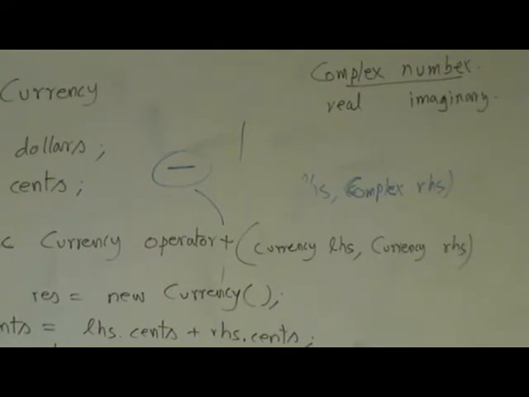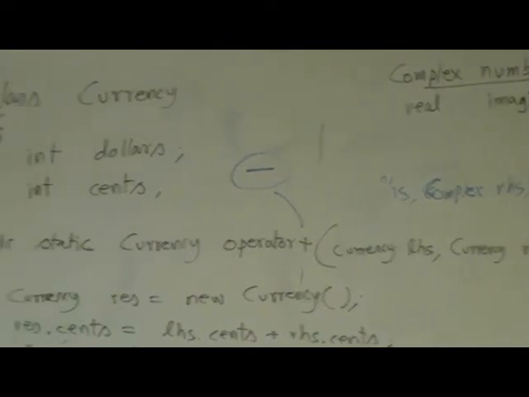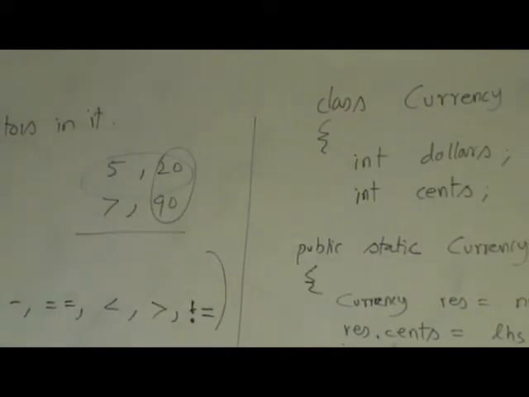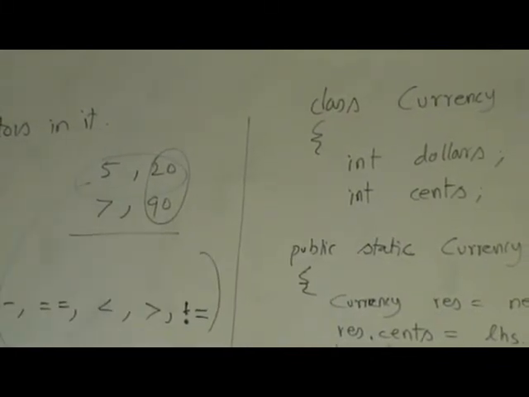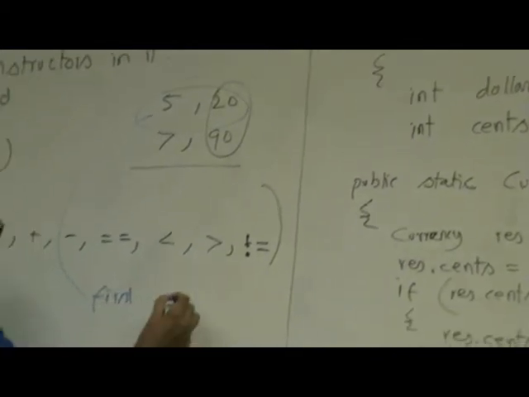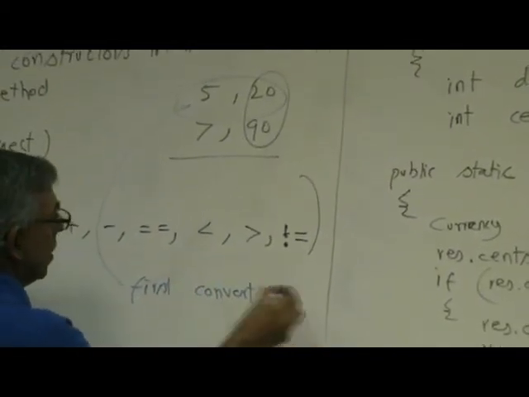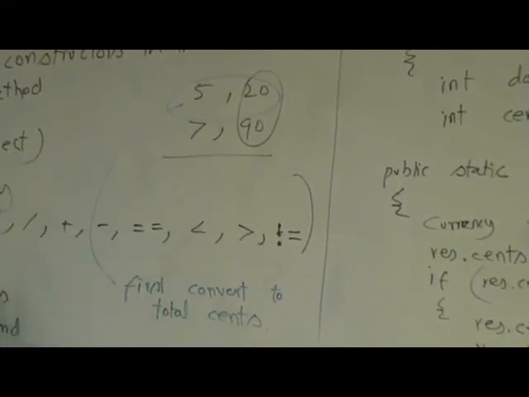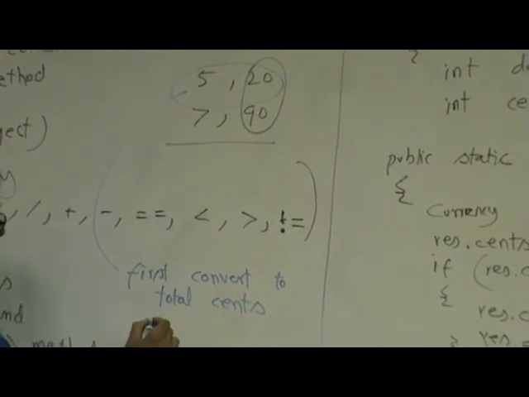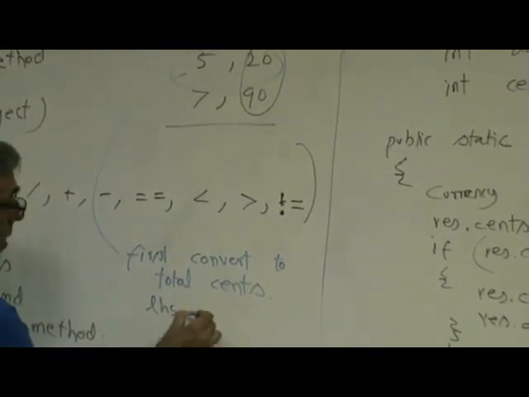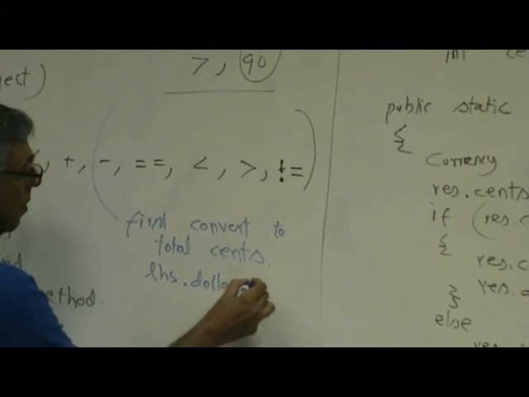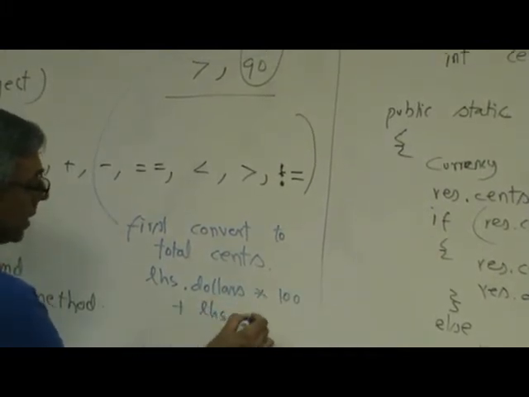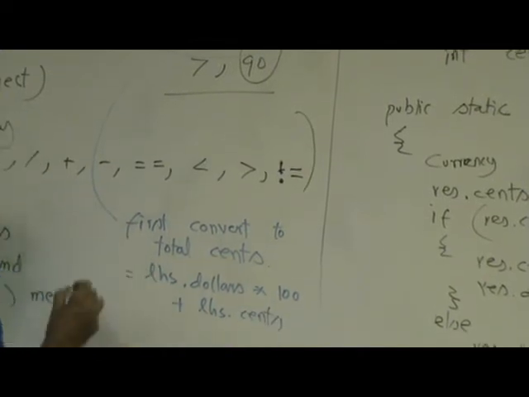Easy way to subtract currencies will be, first, if somebody gave you $5.20 as an example, first convert to total cents. Okay, so meaning multiply the LHS.dollars by 100 plus LHS.cents.